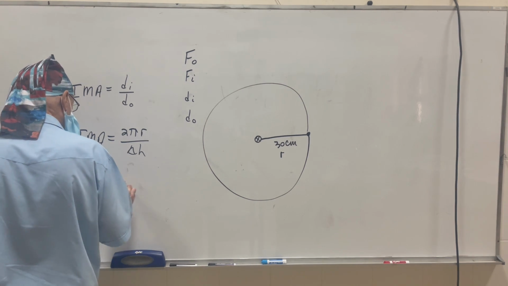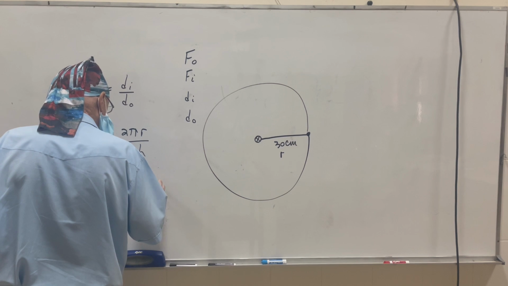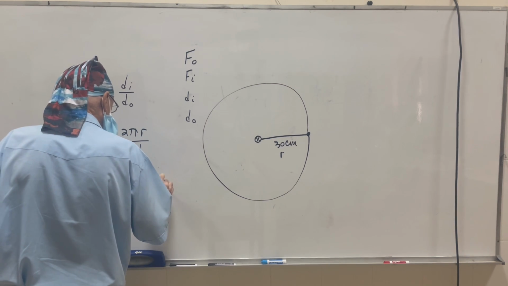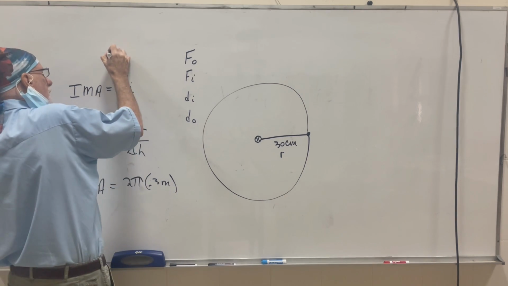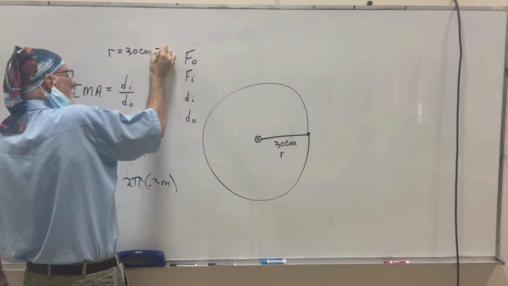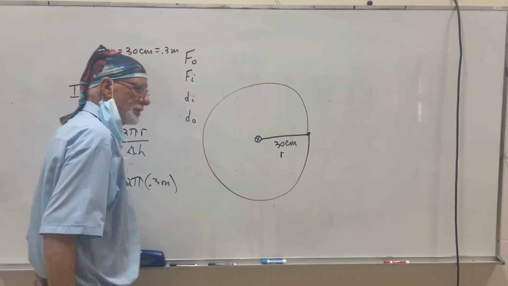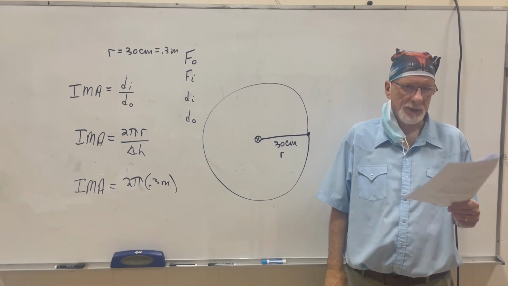IMA equals 2 pi and then 0.3 meters. You've got to change. We know that the radius is 30 centimeters or 0.3 meters. Correct? So you got to change those units. Correct?